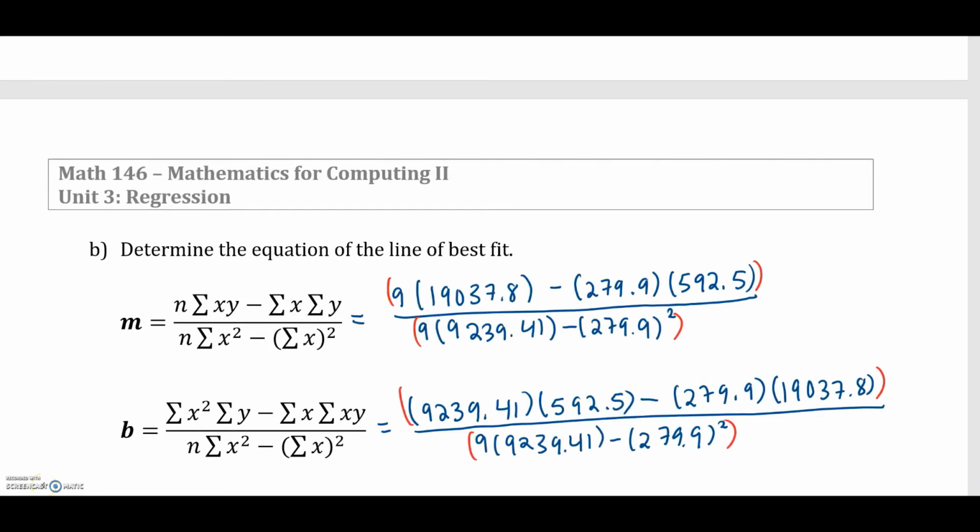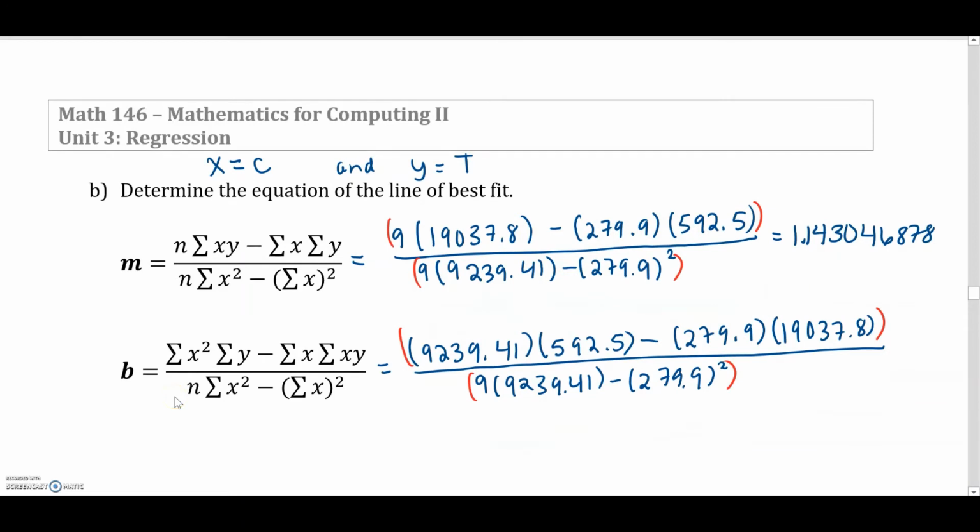So remember that x refers to your independent variable and y refers to your dependent variable, and in terms of our c and t values, x is equal to c and y is equal to t. So we plug in our values and we find that the slope is equal to 1.143046878 and the y-intercept is equal to 30.2771865.